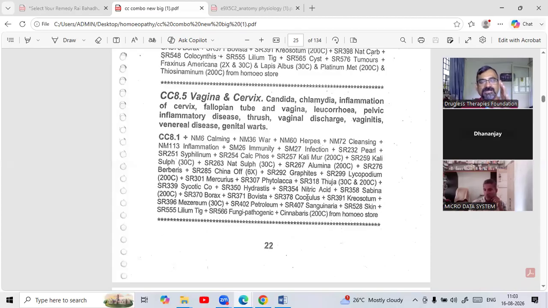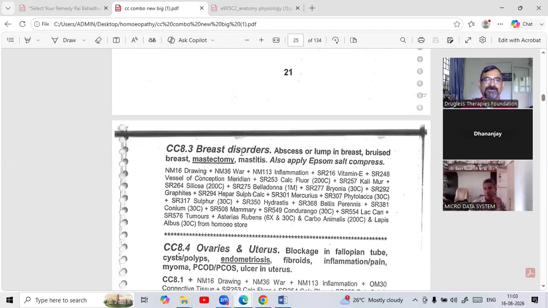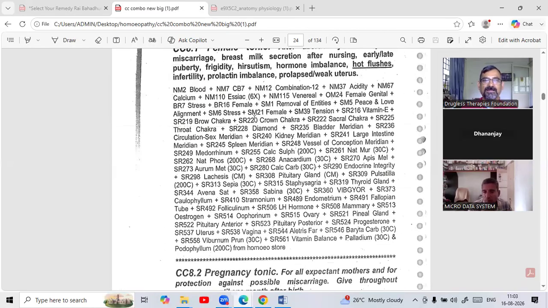So likewise, by studying one group, you will come to know that you can treat by all the means, everything is there. If you want to treat with the chakra based, what are the chakras used in this? Go to 8.1, because for female they use almost all the chakras: brow chakra, crown chakra, sacral chakra and throat chakra, and like that they have used in 8.1.